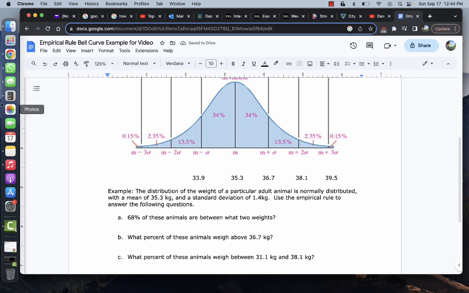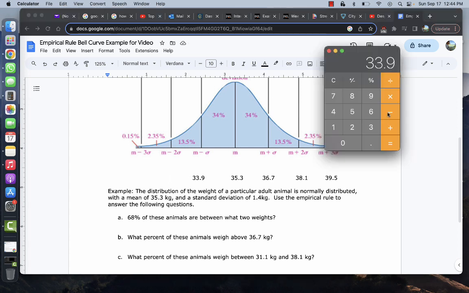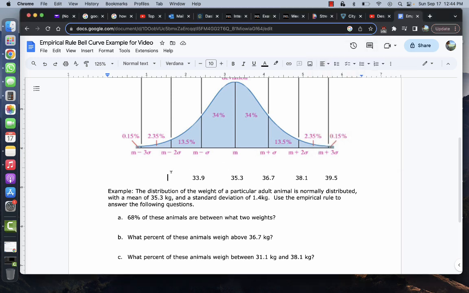Okay, and then to find the weight that's 2 standard deviations below, I subtract 1.4 again, 32.5. Just adjusting this so it looks lined up. And then the weight that is 3 standard deviations below the mean, I'm going to do right here.